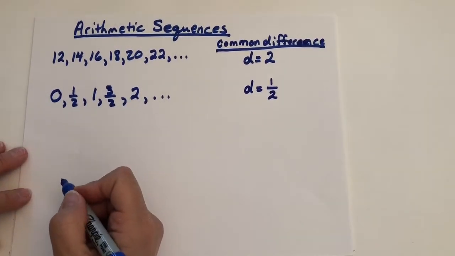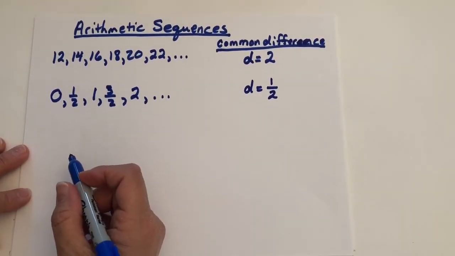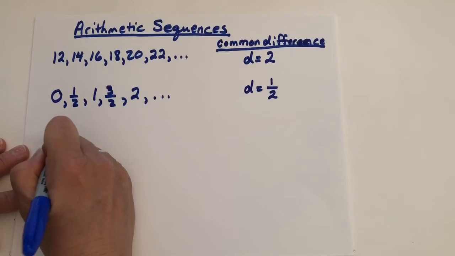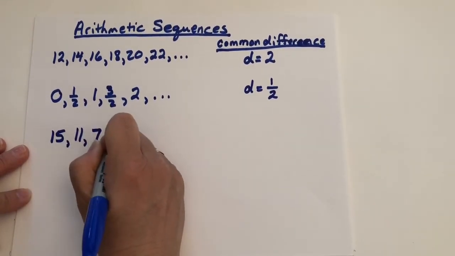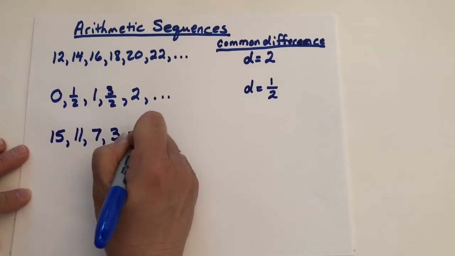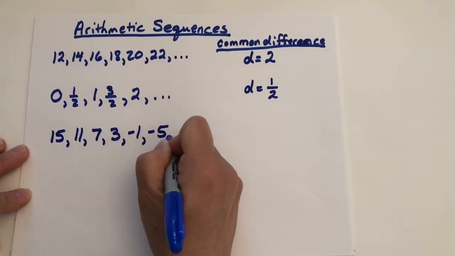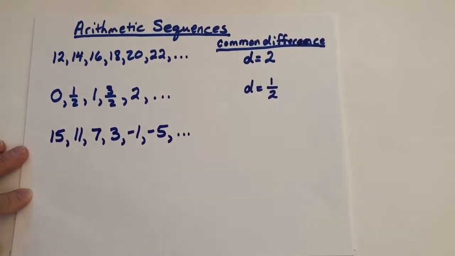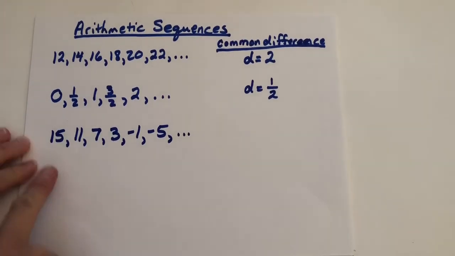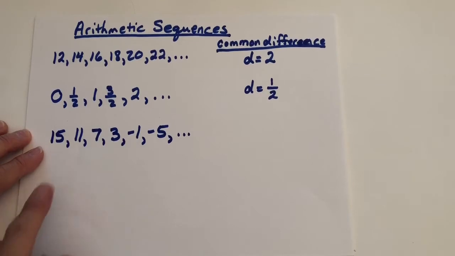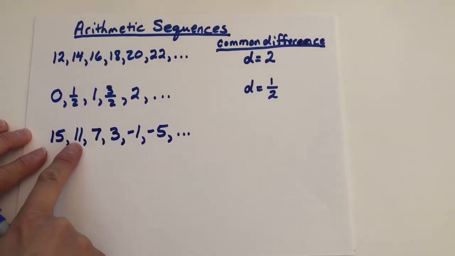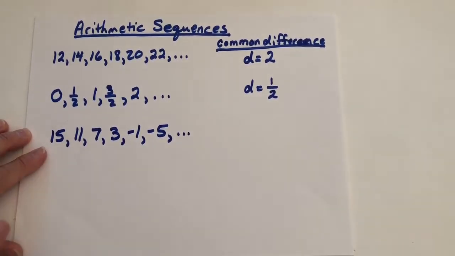We could have a sequence that looks like this: 15, 11, 7, 3, -1, -5, and on it goes. I hope you can see the number that you would add, or maybe you feel like you're subtracting, but we know subtracting, in this case 4, is equivalent to adding -4.